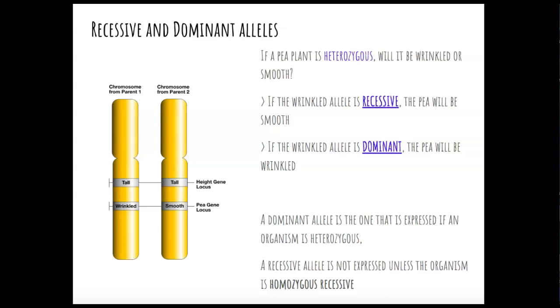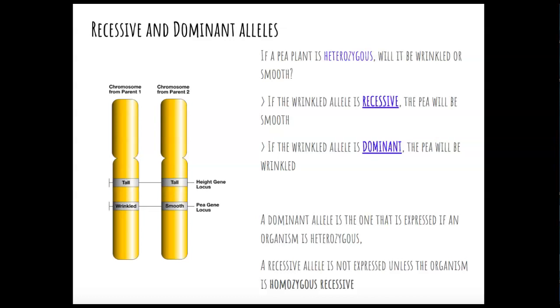Alleles and genes have different versions, and they are either recessive or dominant alleles. A recessive allele is not expressed in the presence of a dominant allele. It is only expressed if it is homozygous recessive, meaning that the individual has two copies of the same recessive allele. If a pea plant is heterozygous, would it be wrinkled or smooth?